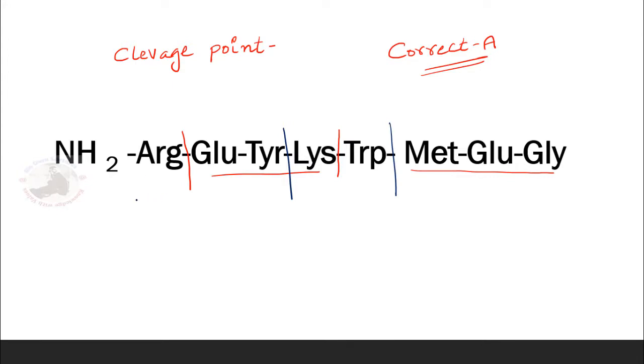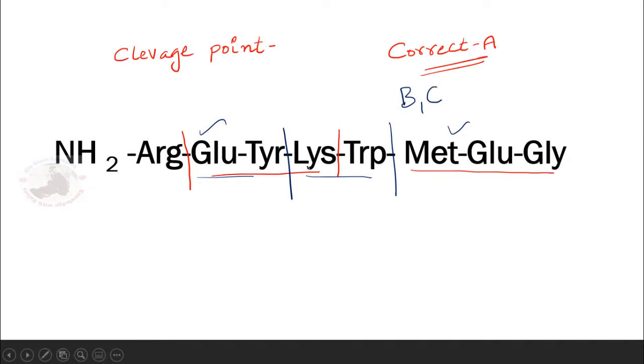The option says chymotrypsin generates a mixture of dimers and trimers. Obviously it is going to produce the dimers out of 8 or trimers. This is correct. So option B is correct.